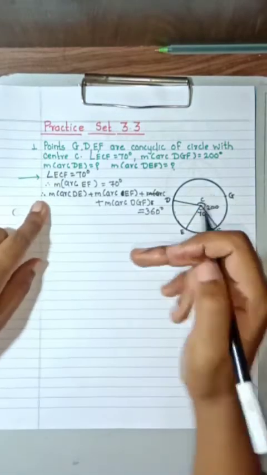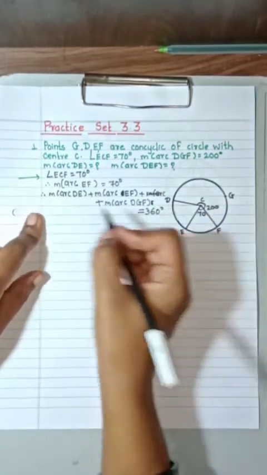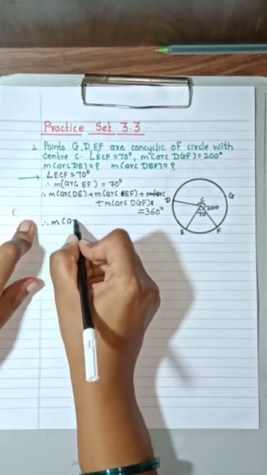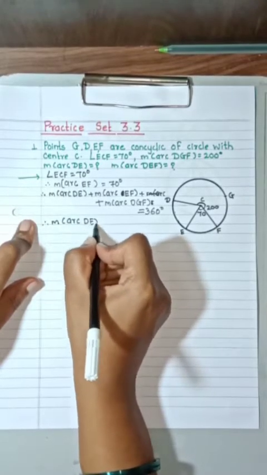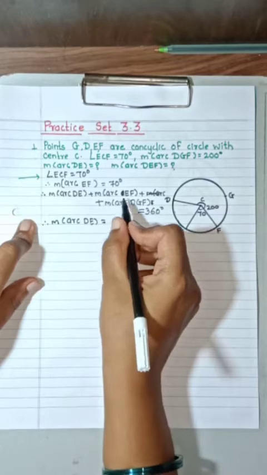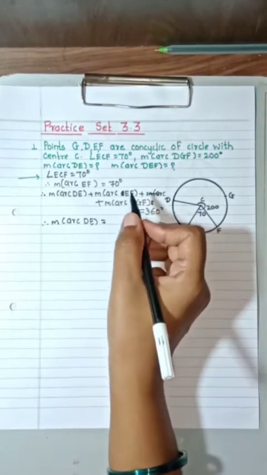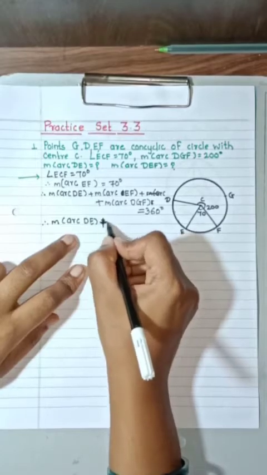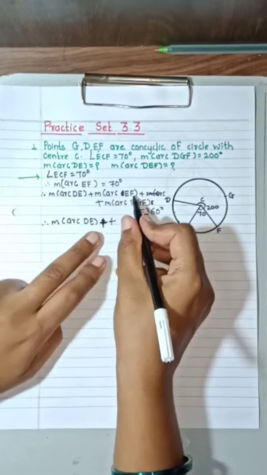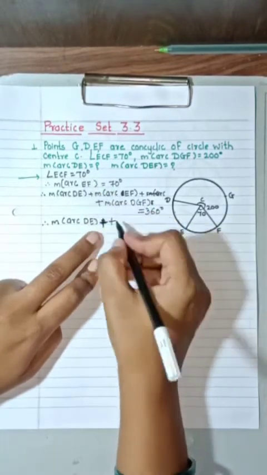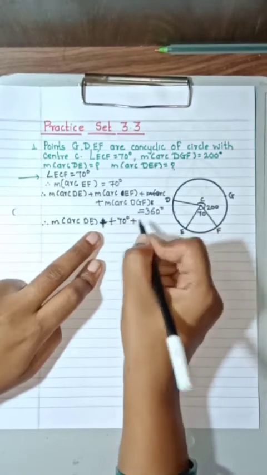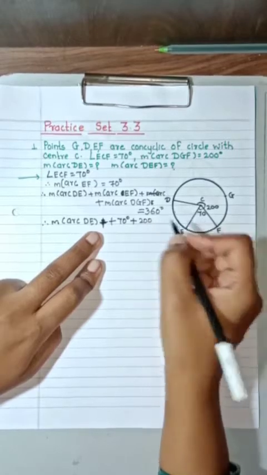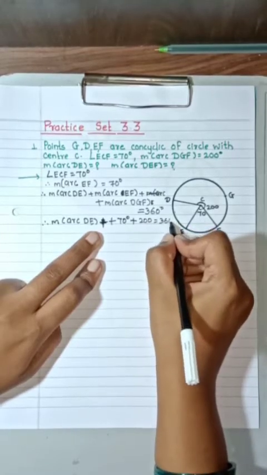Now children, therefore measurement of arc DE plus measurement of arc EF. So how much is EF? EF is 70 degrees plus DGF is 200 degrees is equal to 360 degrees.